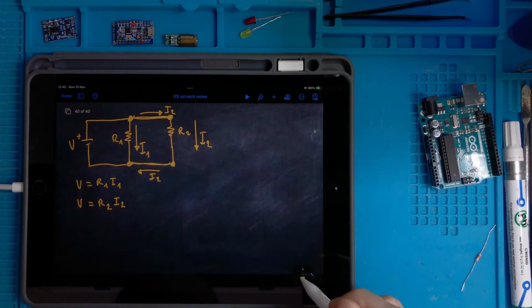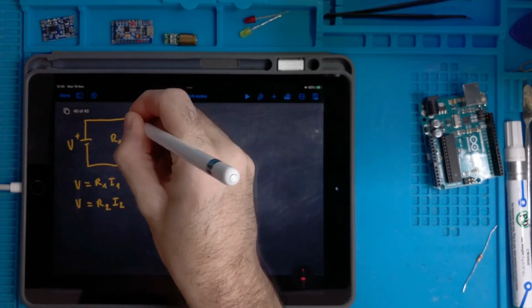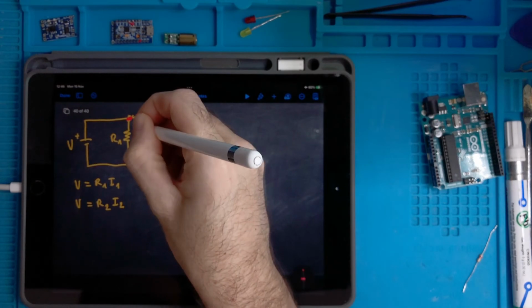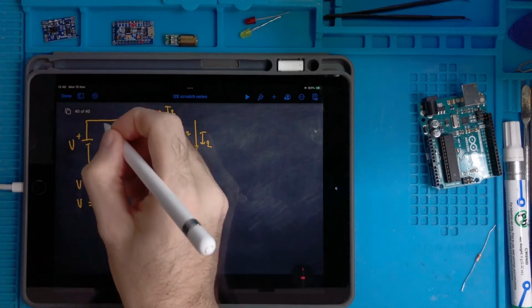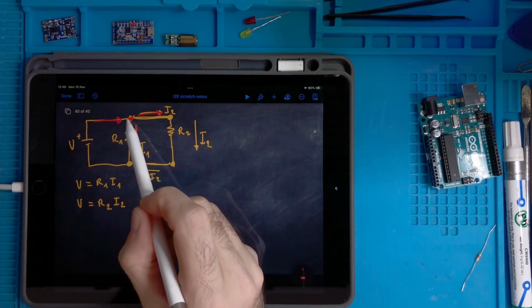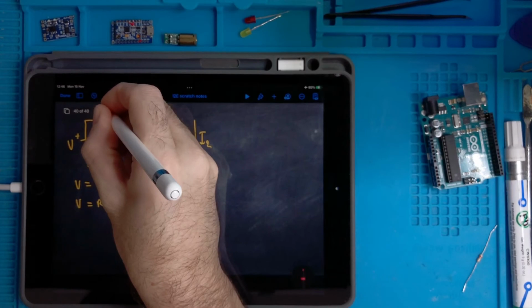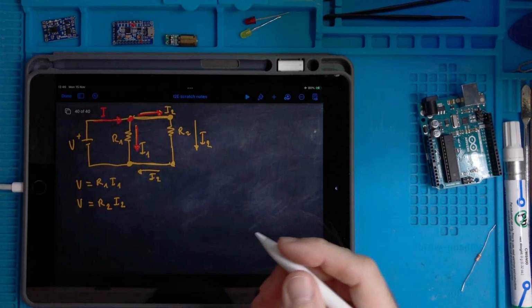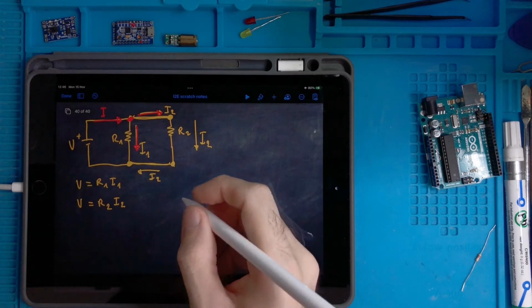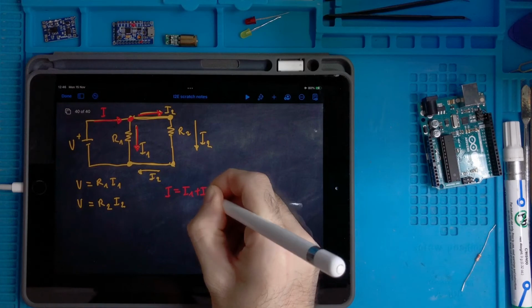So by using the first Kirchhoff principle, I can understand that at this node, for instance, those two currents are exiting, and therefore there should be an entering current, which makes the algebraic summation of the currents at this node to be 0. So I call this current I total if you prefer, let's say I. So I equals I1 plus I2.